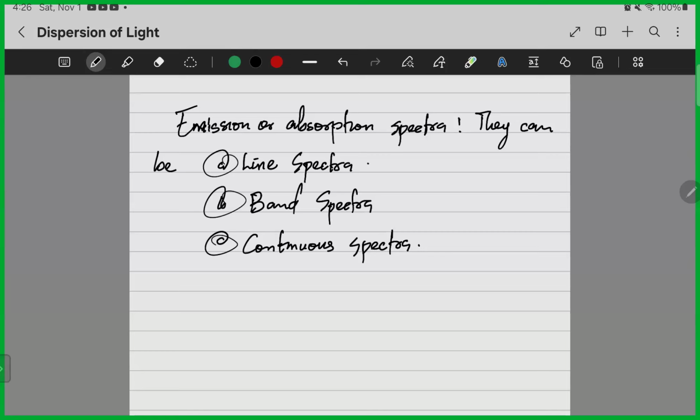So I will give you, go and look into this as an assignment. Go and look at the explanation of each of them.